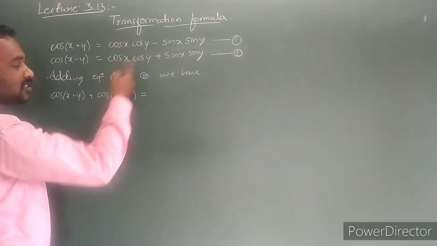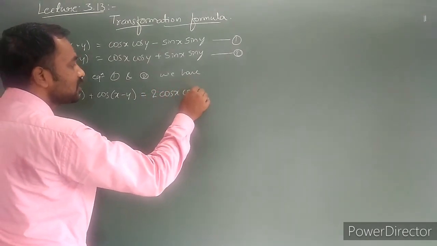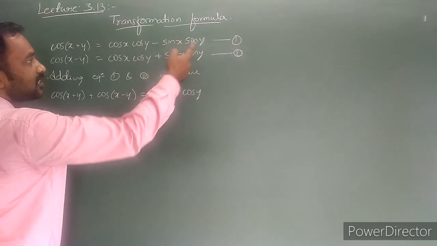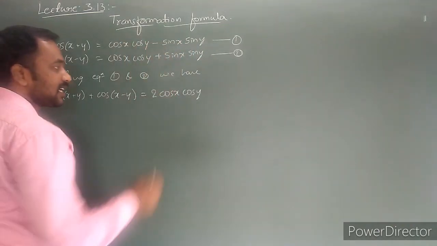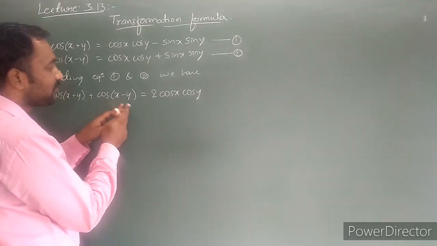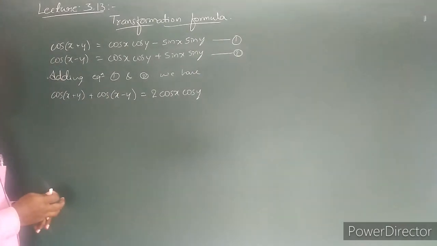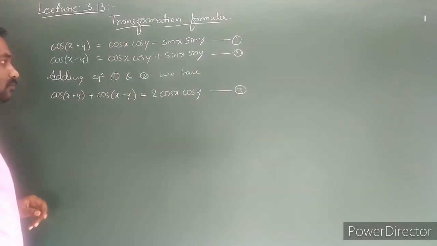Cos x cos y plus cos x cos y, we can write as 2 cos x cos y. Here the sin x sin y has a negative sign and there it has a positive sign, so they get cancelled. So cos(x+y) plus cos(x-y) is equal to 2 cos x cos y. Call this equation number 3.